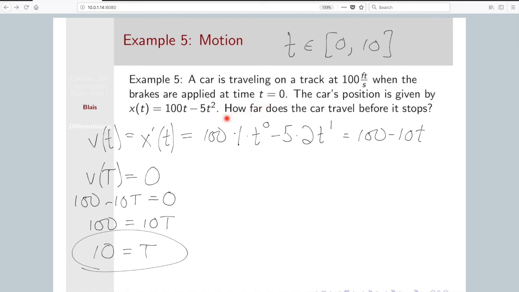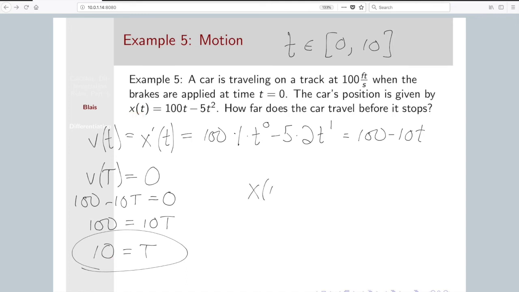But the question, we have to always look at the question. How far does the car travel before it stops? We found when it stops. To find how far the car travels, we need to find its position when it stops, which means, where is it at the 10-second mark? x of t tells us where it is.